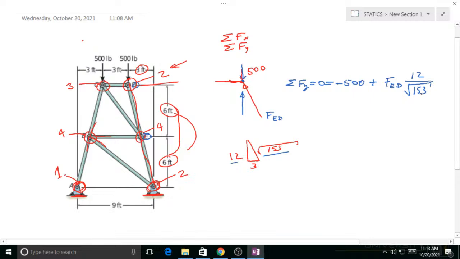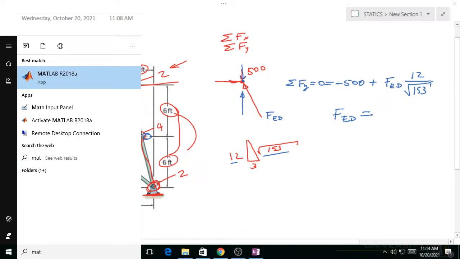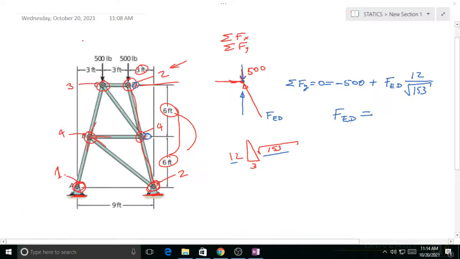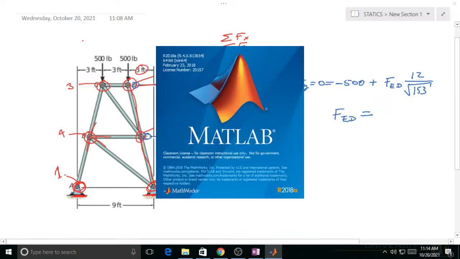Now let me make sure I added that right. Yeah, 153. So that'll give you FED equaling to, I have to turn, here, I'm just going to do MATLAB. Give it a minute.